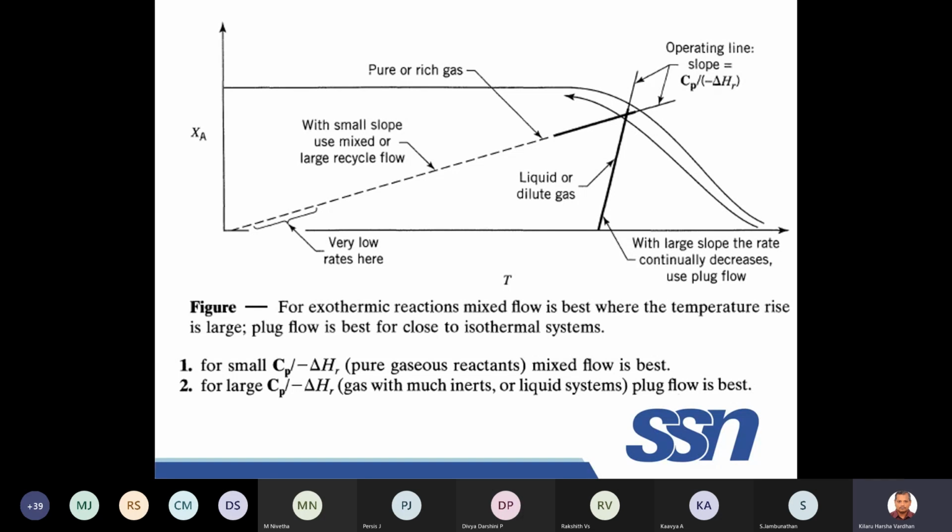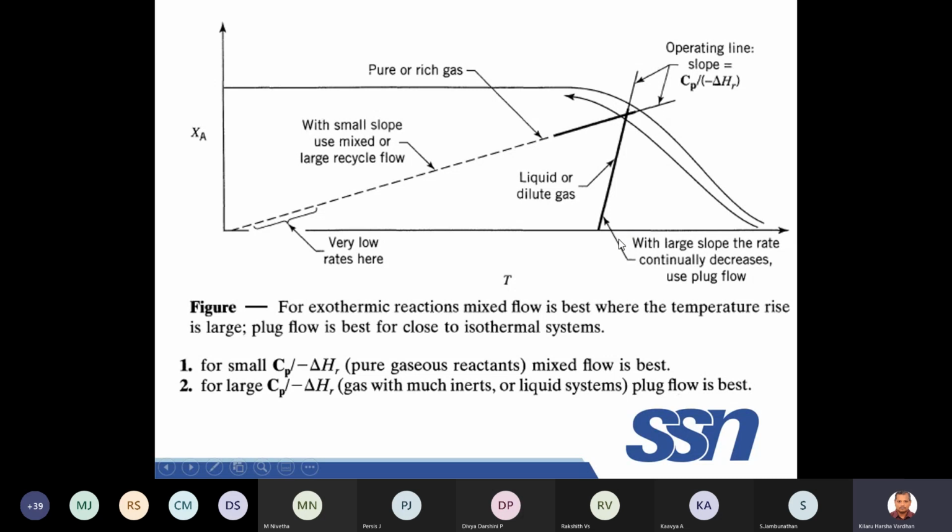If the slope is less, then it is always better to go for a mixed reactor. If the rate is very low and you put in a PFR, definitely your rate is less, therefore your conversion also will be less. It is a waste of putting in a PFR. Now, if the slope is very high, that is Cp by delta Hr, where Cp is the specific heat and delta Hr is the heat of reaction, then definitely put a PFR.